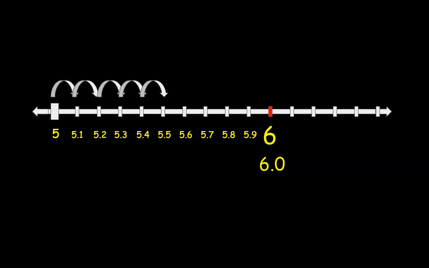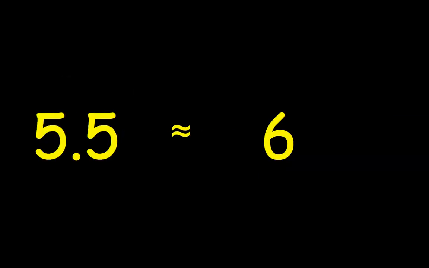And when we round, if something is halfway, it gets rounded up. So 5.5 rounded to the nearest whole number is 6. Just remember, halfway always goes up, or 6.0.